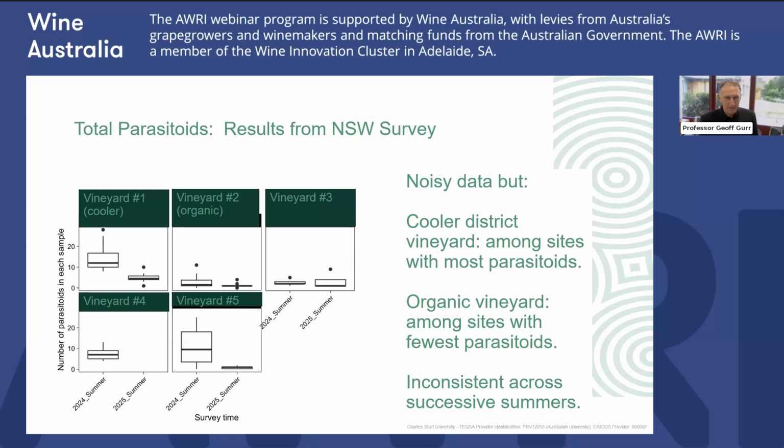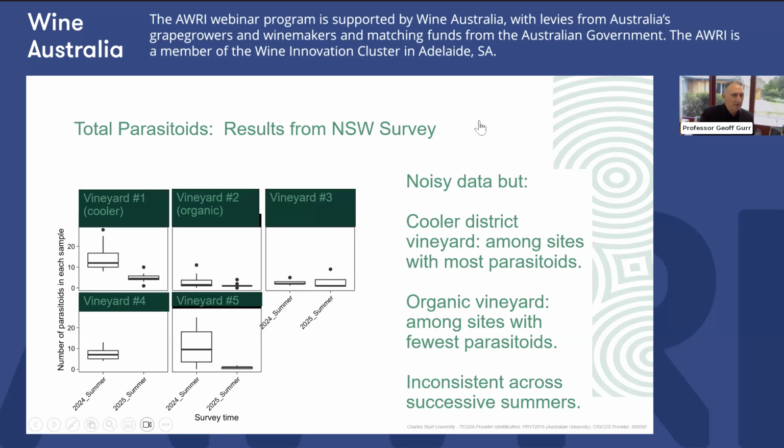So it's wasps that we're confident are parasitoids and so attack various types of insects, but not all of them, of course, are going to attack scale insects. Many of them would attack other types of grapevine pests, and some of them would be attacking insects that are of no direct significance to vineyards at all. So with total parasitoids, we had high enough numbers to do summary statistics with.